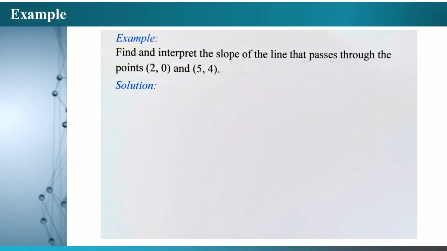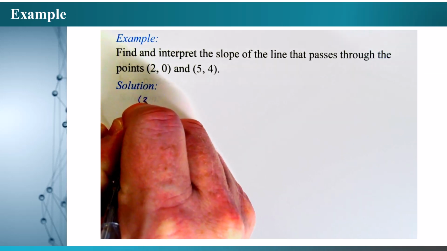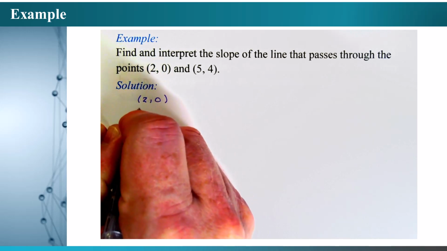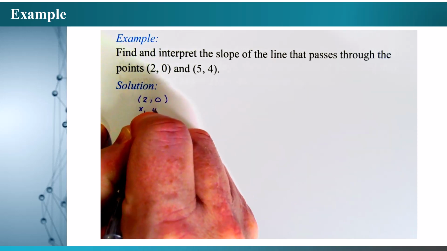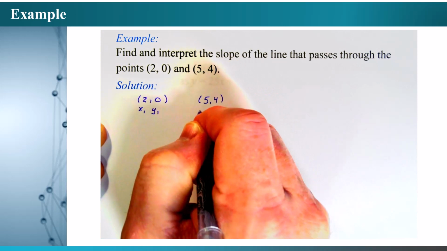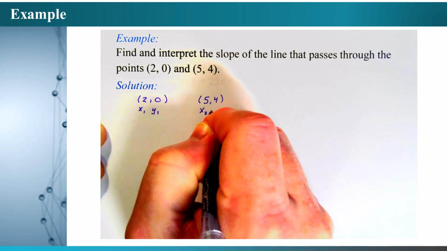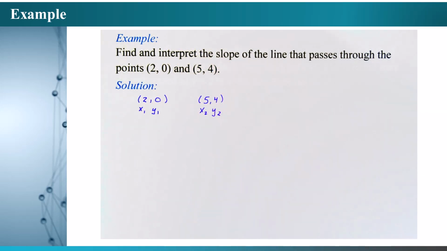In this example, we want to find and interpret the slope of the line that passes through the points 2, 0, and 5, 4. I'm going to start by labeling my points. I'm going to say that 2, 0 are x1 and y1, and 5, 4 will be x2, y2. Now this is somewhat arbitrary. I could call it the other way around, but let's just move forward with this.